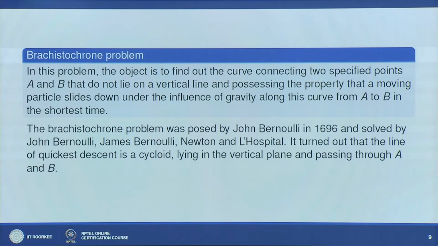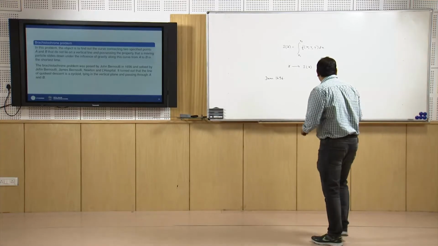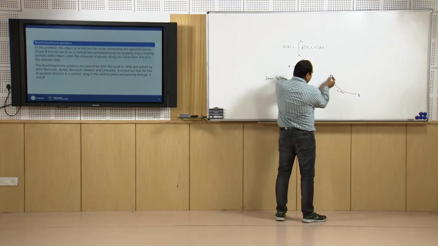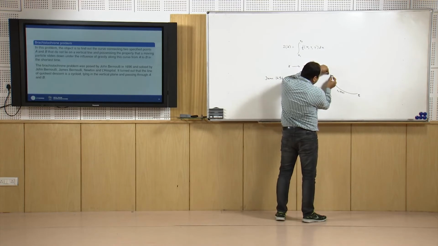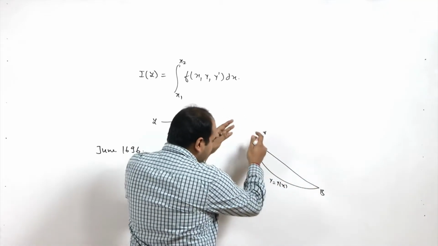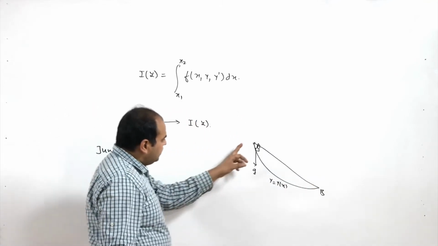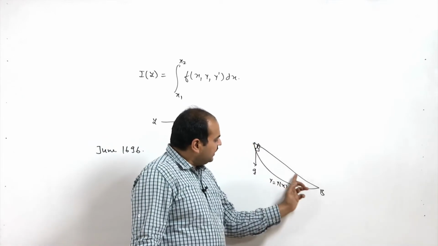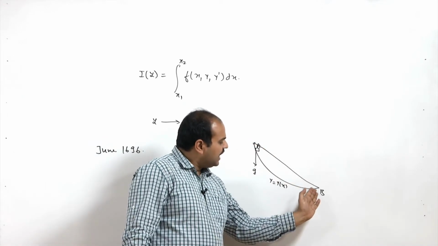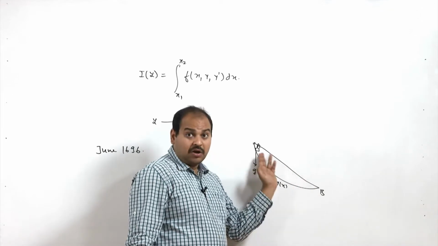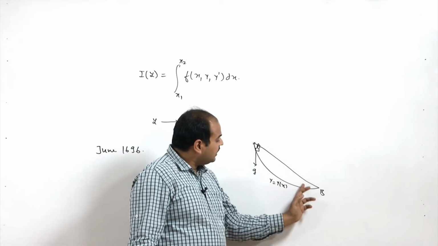It turns out that the line of quickest descent is a cycloid, lying in the vertical plane and passing through A and B. If you remember the cycloid, it is not a straight line connecting A and B. It is something like a cycloid connecting these points A and B. Though the straight line has the least distance between A and B, it is not the curve along which the particle will take the least time.